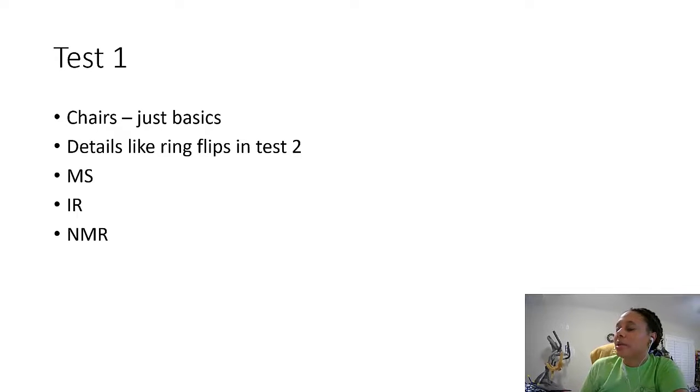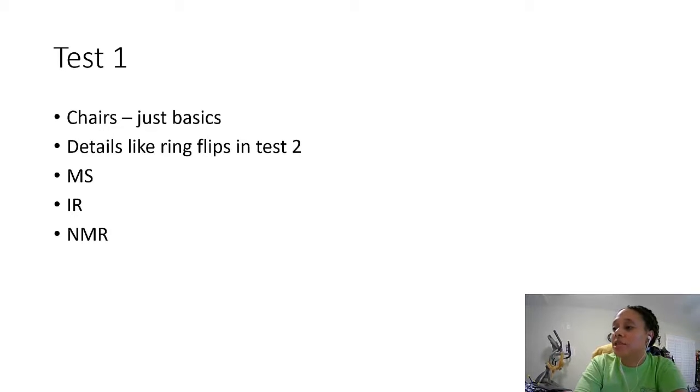So I'll expect that you know general nomenclature and things related to chairs, like the term ring flip, although I'm not going to have you do it on this test, and equatorial and axial. But the di-equatorial, the di or multiple substituents on a structure, I'll put that on test 2. For this one, understand that equatorial is more stable, that kind of thing.